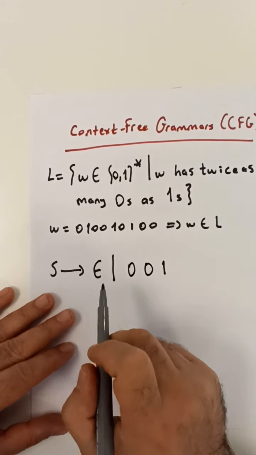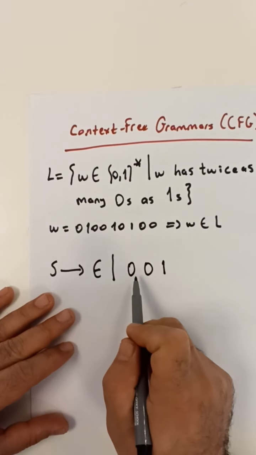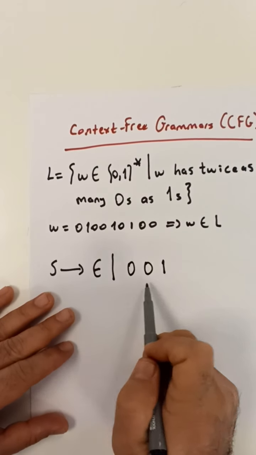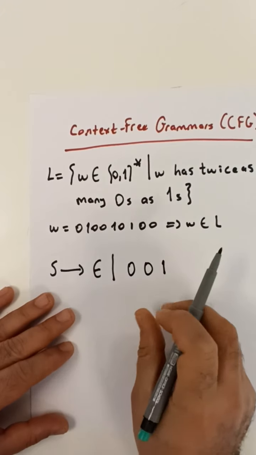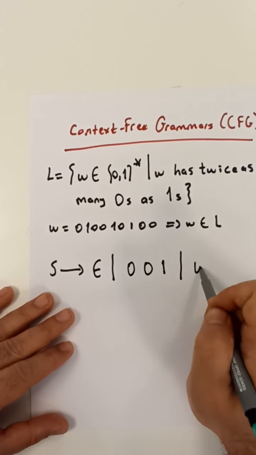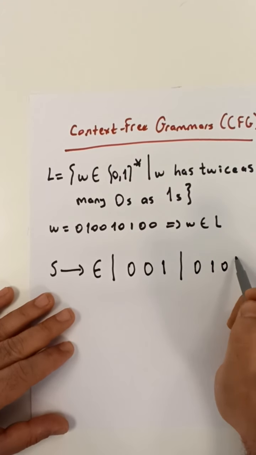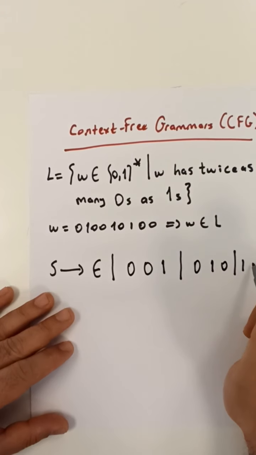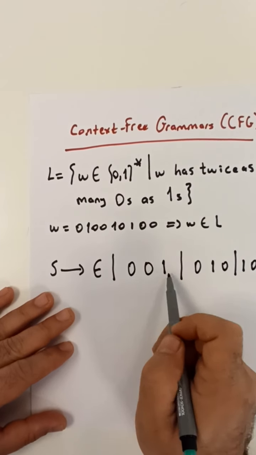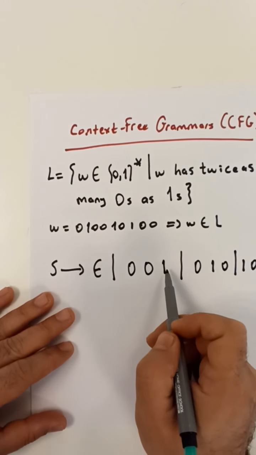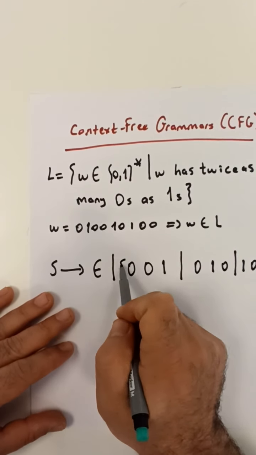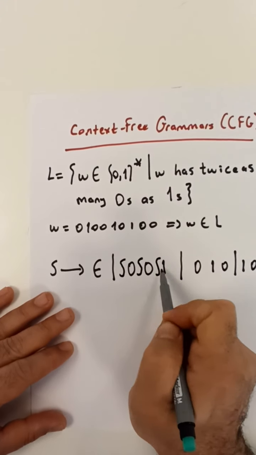So epsilon is one string. Another string that belongs to the language is 0, 0, 1, having 2 zeros and a single 1. But with these 2 zeros and the 1, we may have different permutations: 0, 1, 0, or finally 1, 0, 0. Now, how can we extend such a string to define a general string in language L? Just as we did with the previous example, we can add S anywhere possible.